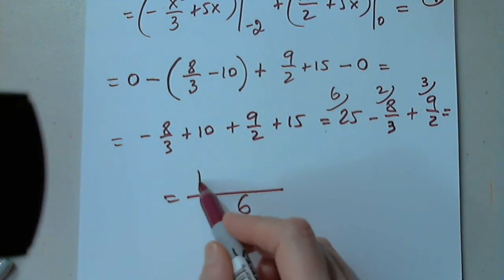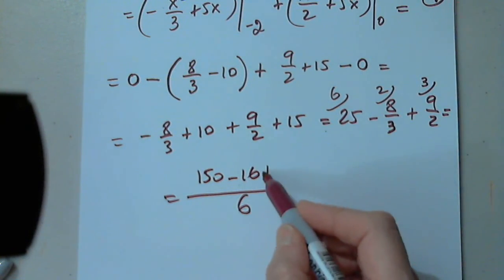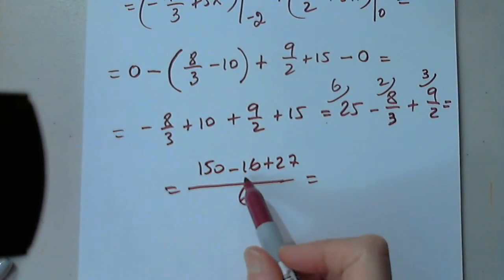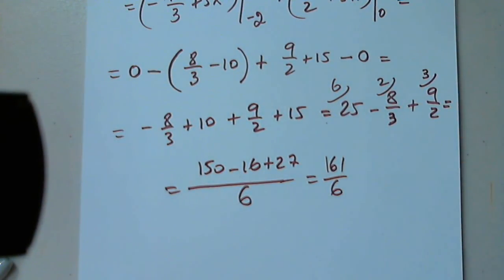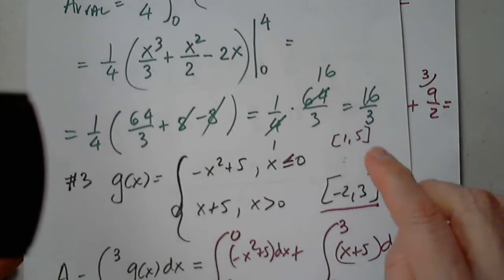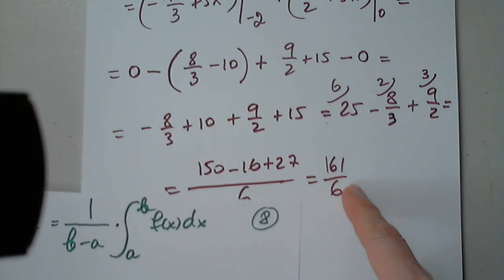So this is 150, this is minus 16, and this is plus 27. So 27 minus 16 is 11, so 161/6. So the area under the graph of this piecewise defined function, specifically between negative 2 and 3, is this number.